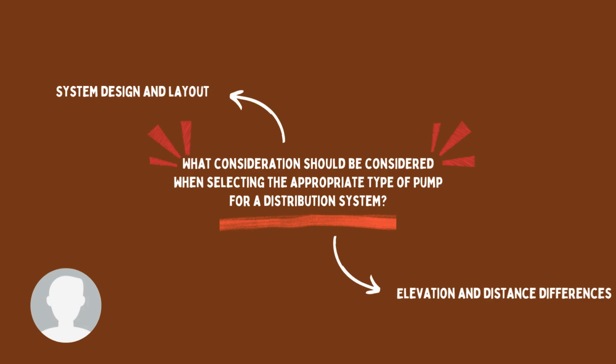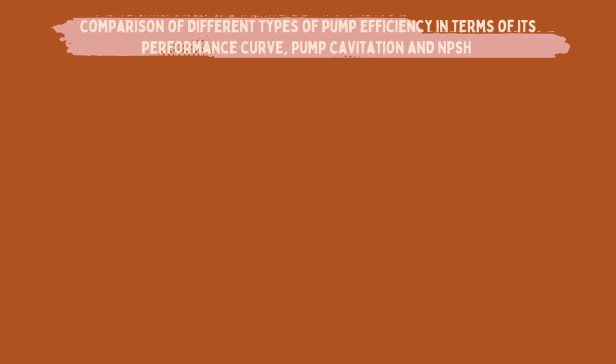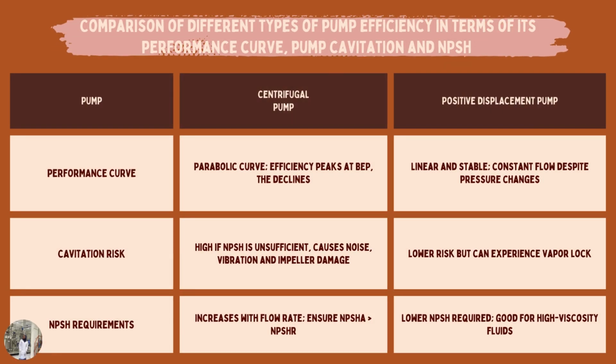Pumps must be selected based on whether they need to lift water to elevated tanks or push it over long distances. For the comparison of different types of pump, efficiency in terms of performance curve, pump cavitation, and also NPSH requirement. Centrifugal and positive displacement pumps differ in their performance curve, cavitation risk, and NPSH requirement.